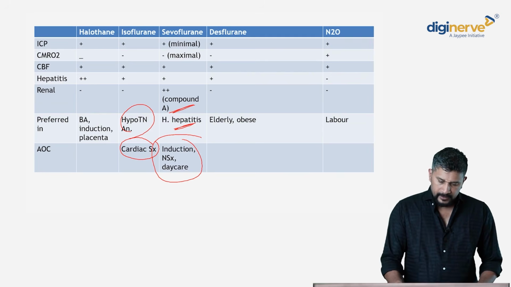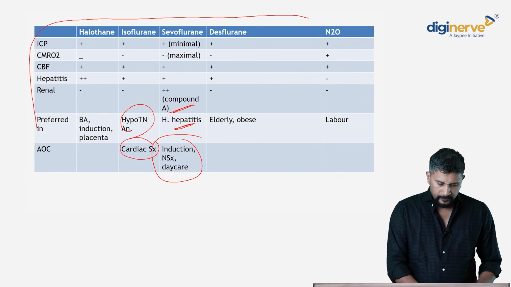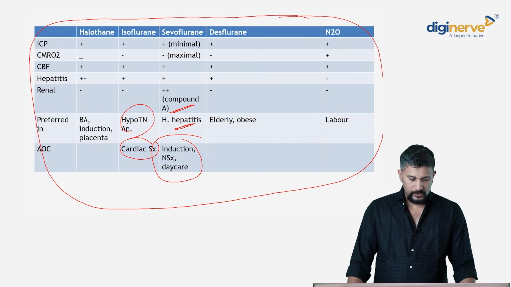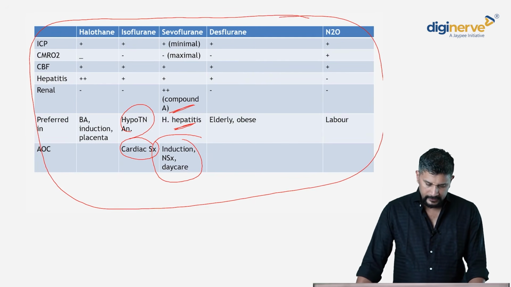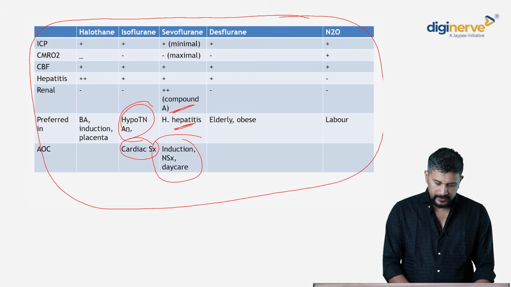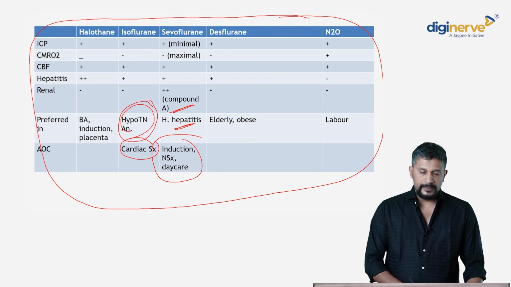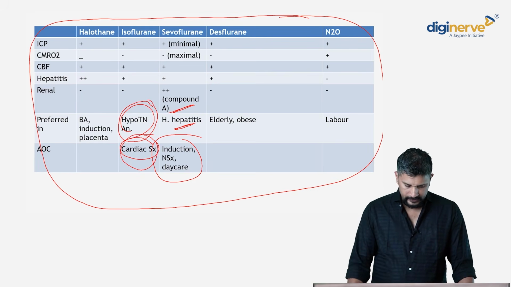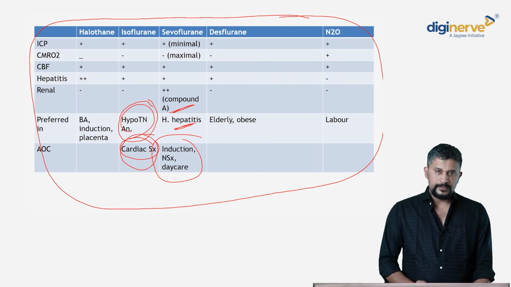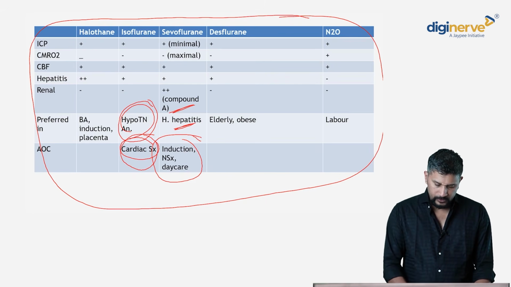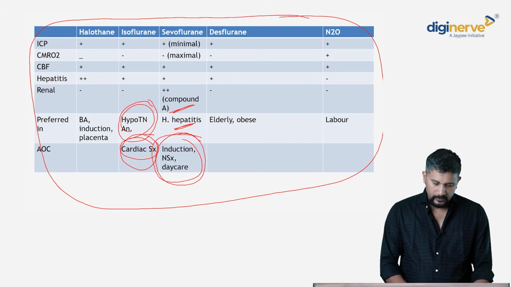So this is another table which brings out all the important features as far as the usage of these commonly used volatile anesthetics is concerned. Isoflurane tends to be preferred whenever you have a patient who requires hypotensive anesthesia. It is also very commonly used for cardiac surgery. Sevoflurane, as we saw earlier, is non-irritant to the respiratory tract, and therefore you can use it for induction of anesthesia.